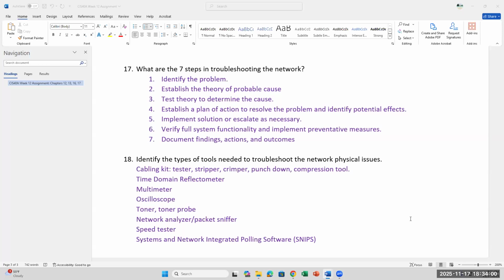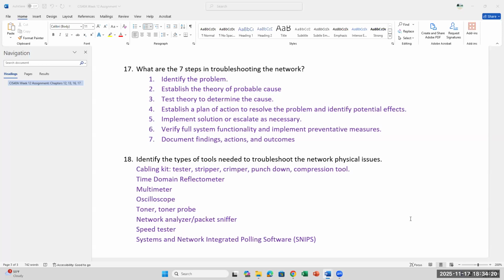And then you already know Wireshark can be used as a packet sniffer, but you have other options like Ettercap or TShark. Speed tester. Now you can use an online option, but what happens if I can't get online, right?